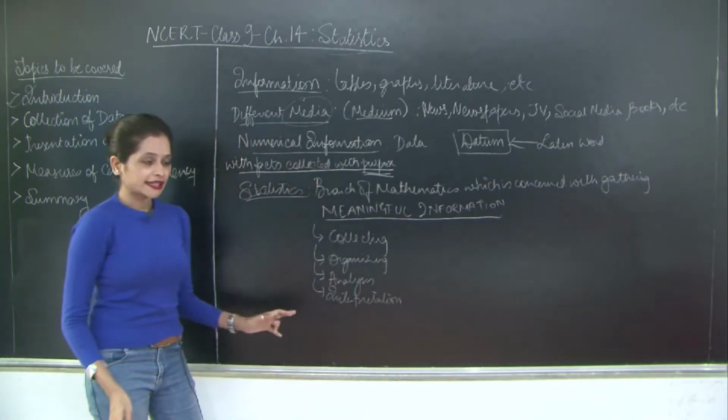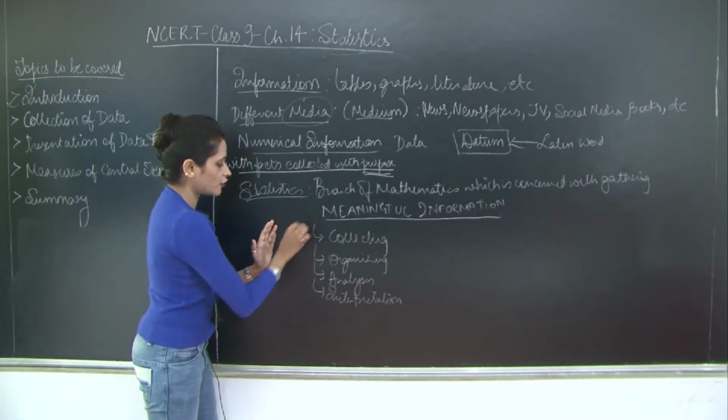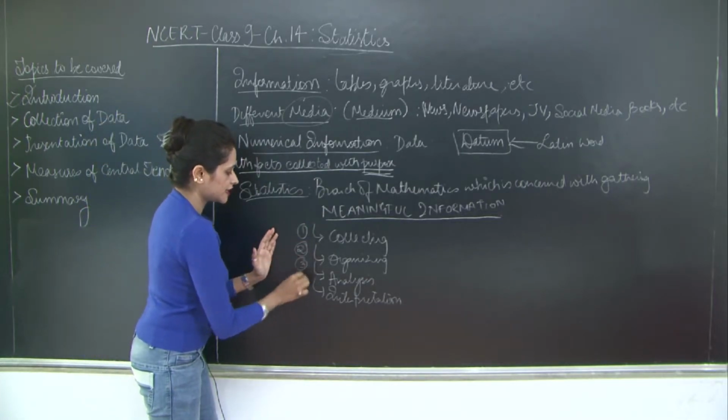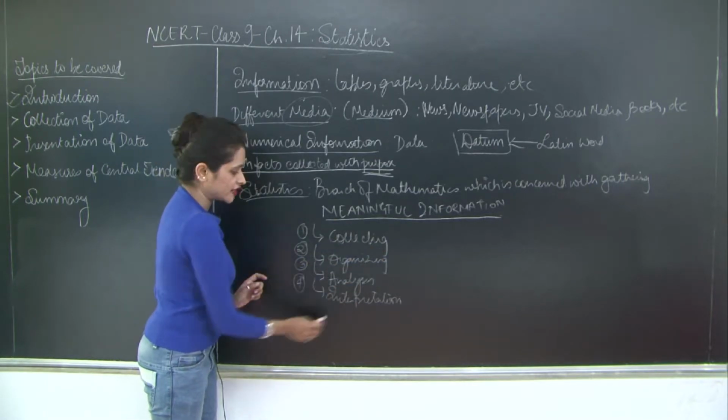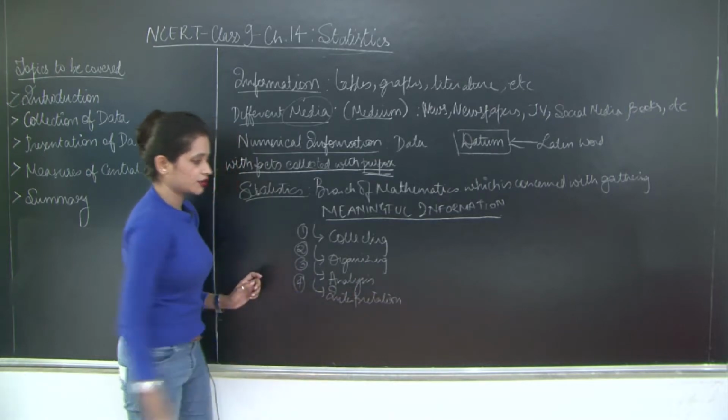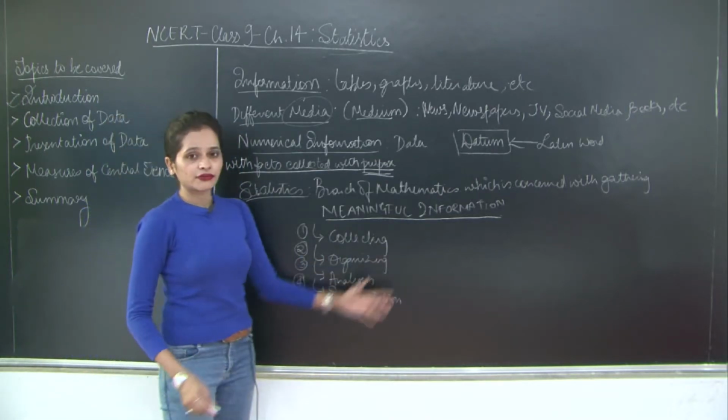So now basically what statistics is doing, it's chronologically dealing with 4 steps: collecting of data, organizing of data, analysis and interpretation. So let's say, I will give you an example.